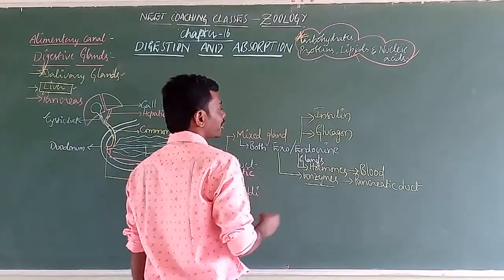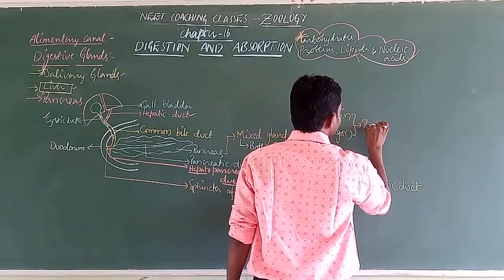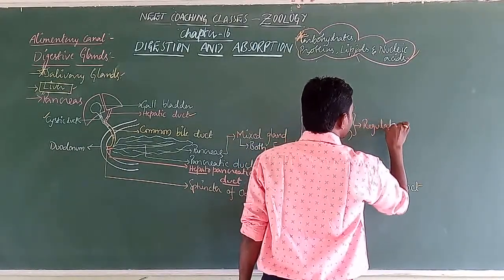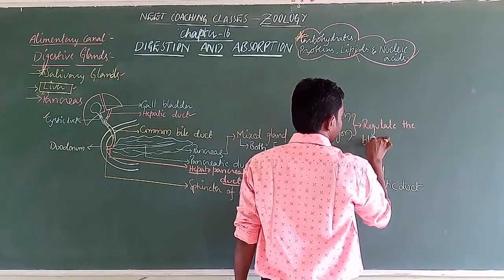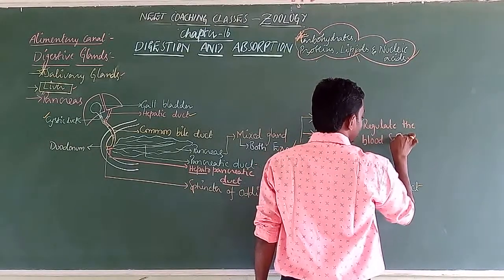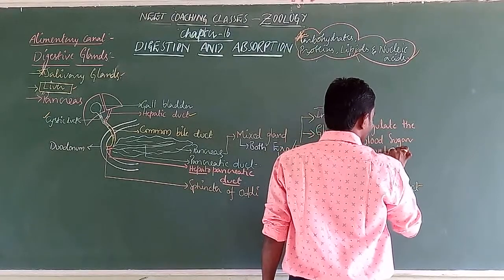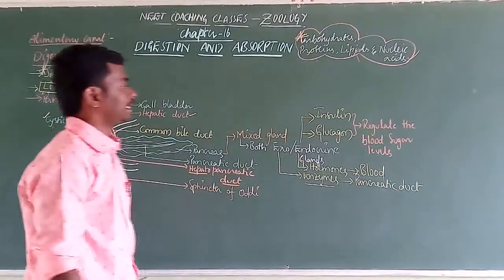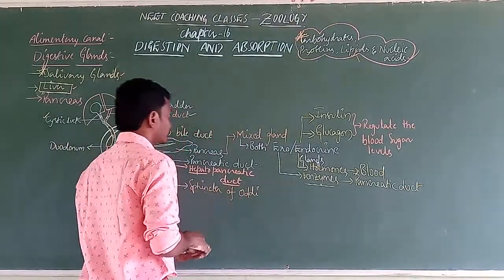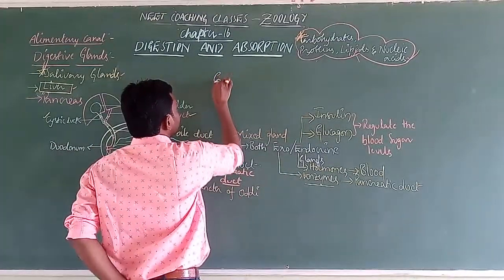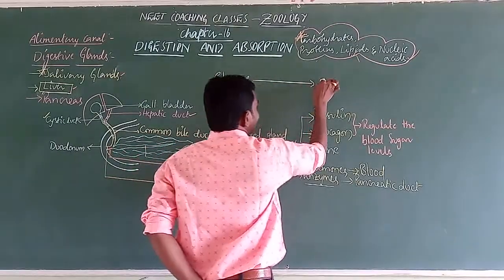These two regulate the blood sugar levels. For example, insulin converts the glucose molecules into glycogen.